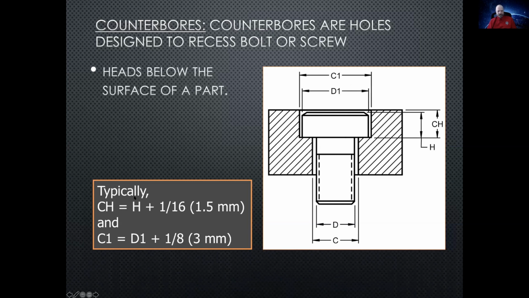Typically CH equals H plus a 16th, or 1.5 millimeters. And C1 is D1 plus 1/8. So you'll typically know what bolt you've specified in your drawings, and you will drill the holes accordingly. That's to allow you to have the bolts flush to the surface.